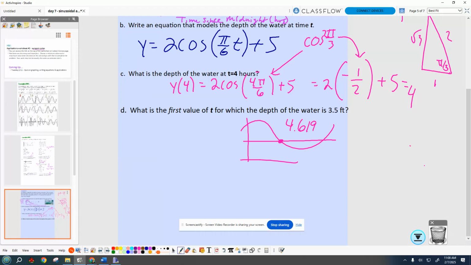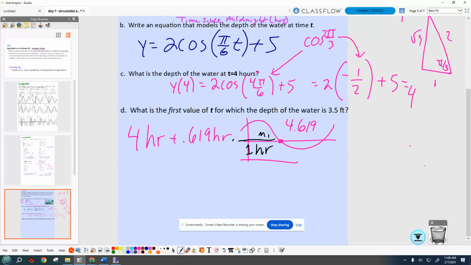Okay, so, one more annoying thing. Do we ever say what time did it happen? At 4.619 hours? No. How do I turn that 0.619 hours into minutes so that I can say, is that 4:15 or 4:38 or 4:57? Is the other number in hours or minutes or seconds?